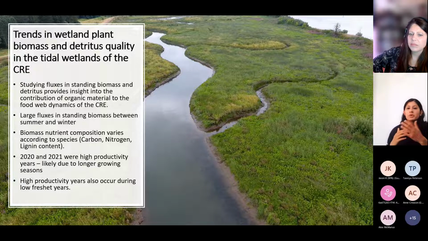We changed our sampling protocols in 2017 to include detritus sampling, and this allowed us to understand not only how much of the biomass changes to detritus, but also how much of the organic material either accumulates or is then exported out of the site.